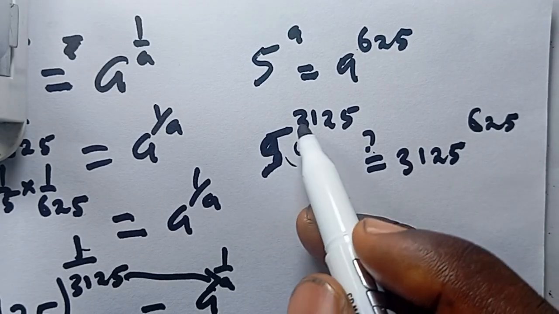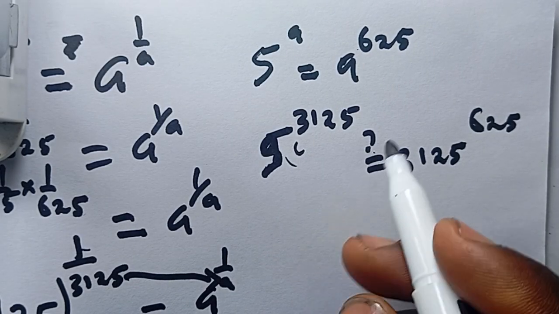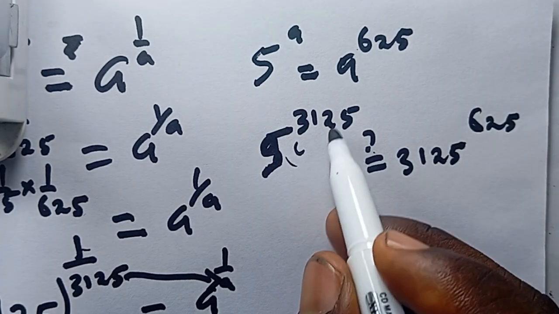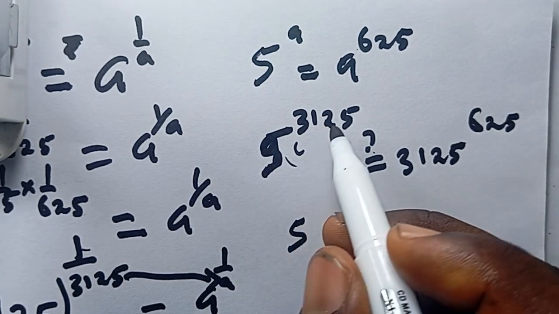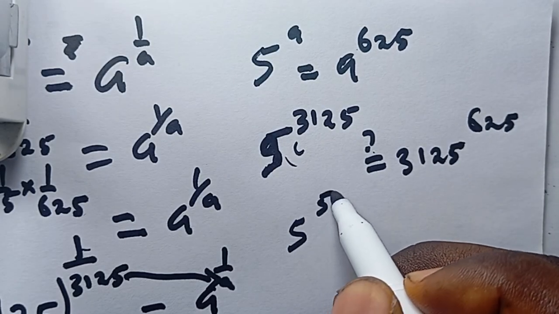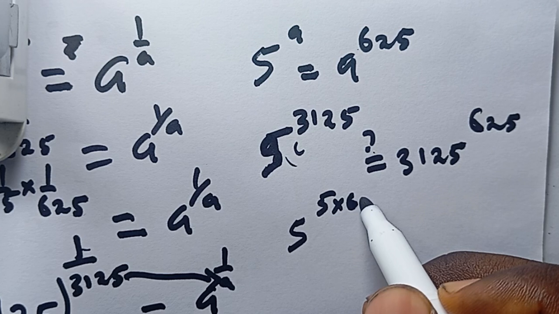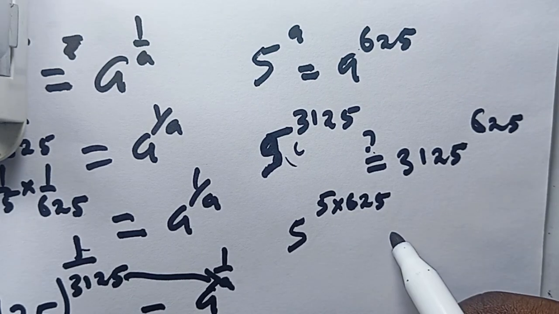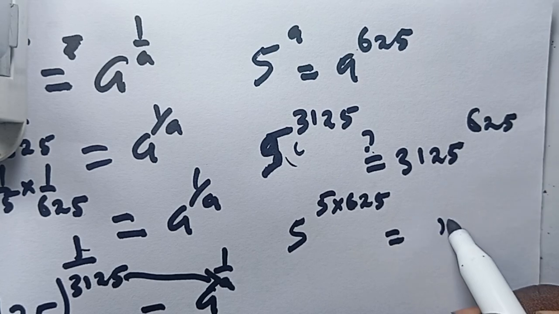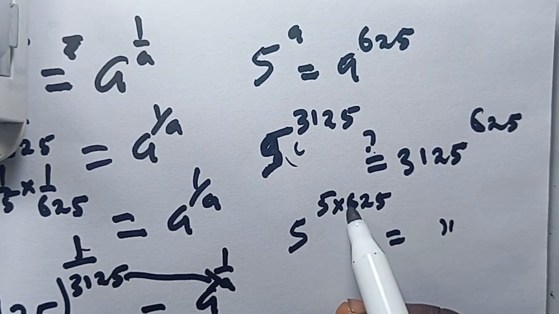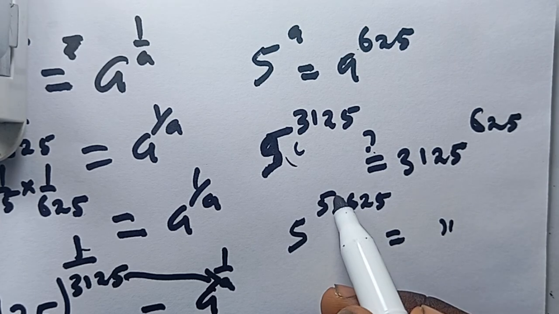So if I simplify this left hand side, I can split the 3125 as 5 multiplied by 625.